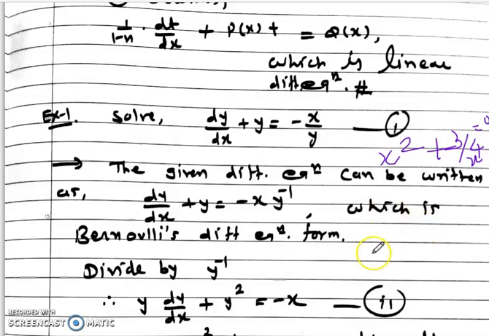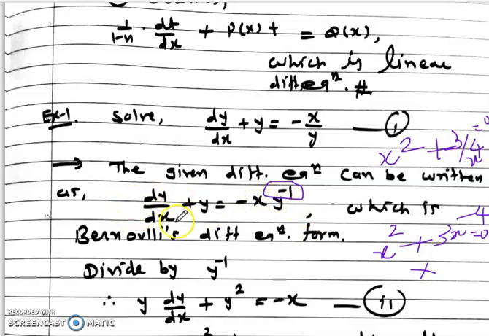The answer is no, because a polynomial contains only whole number powers. So here the power is negative, therefore it is not a polynomial. The same argument is there: minus 1 is going to be there. So the dependent variable has a negative power, so we cannot talk about the degree.